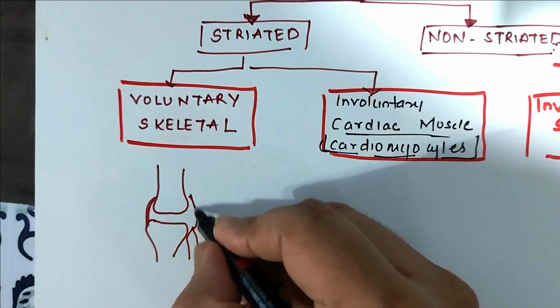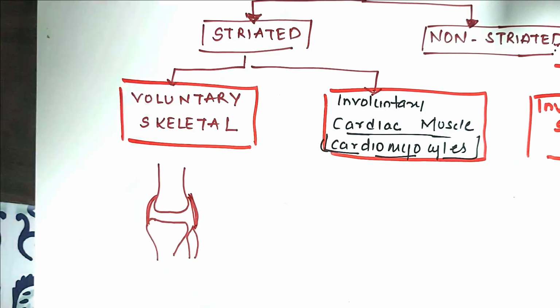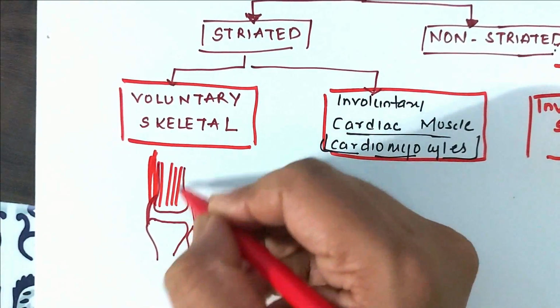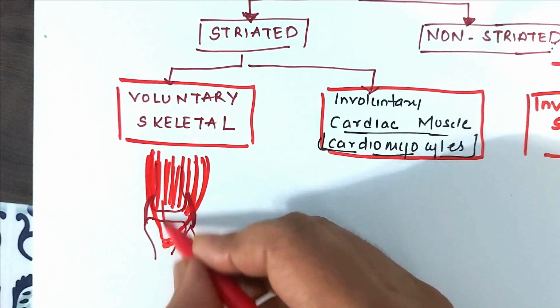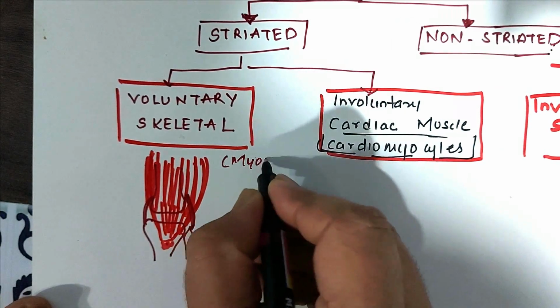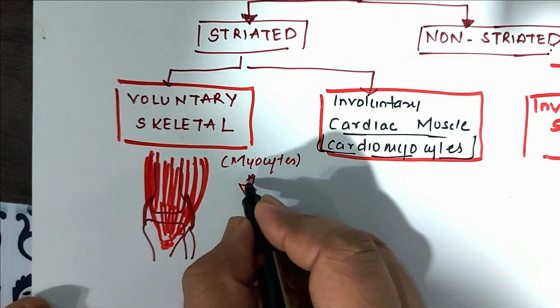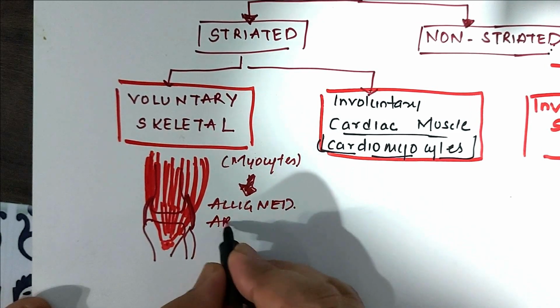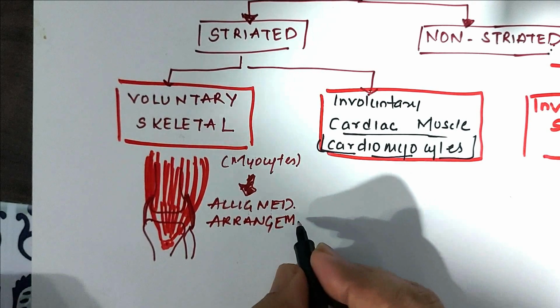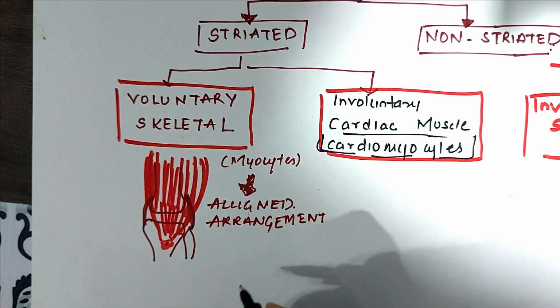Skeletal and cardiac muscle cells are known as striated due to the aligned arrangement of actin and myosin protein within them. Actin and myosin allow muscle contraction by sliding past one another, as described by the sliding filament theory.